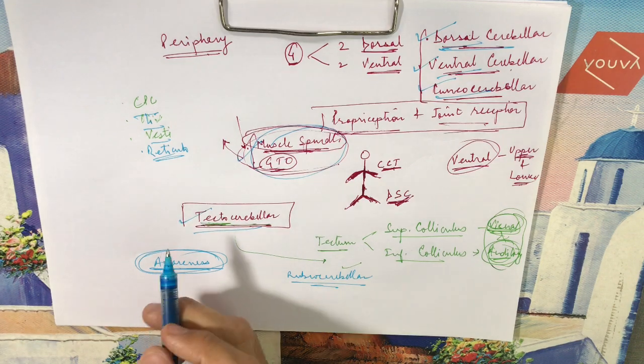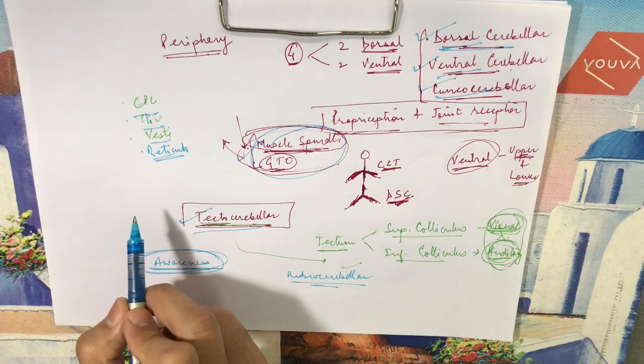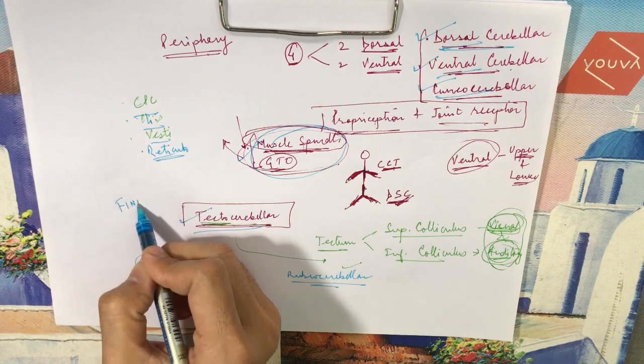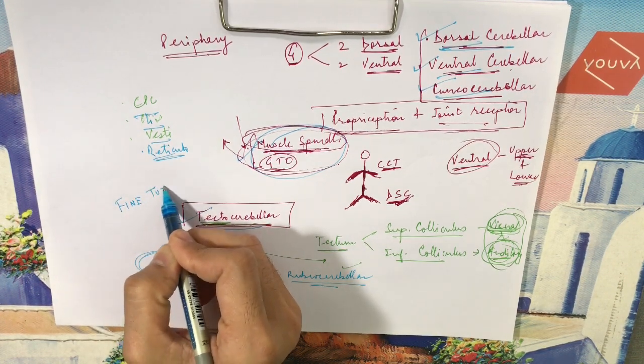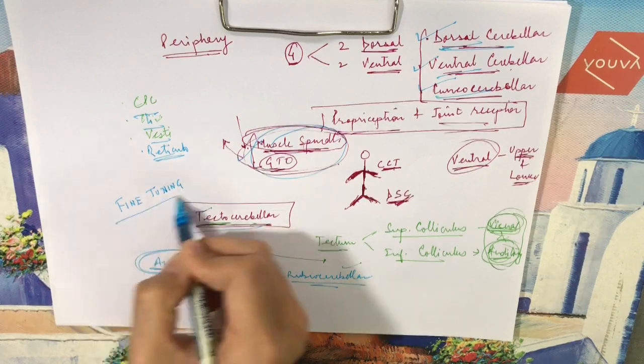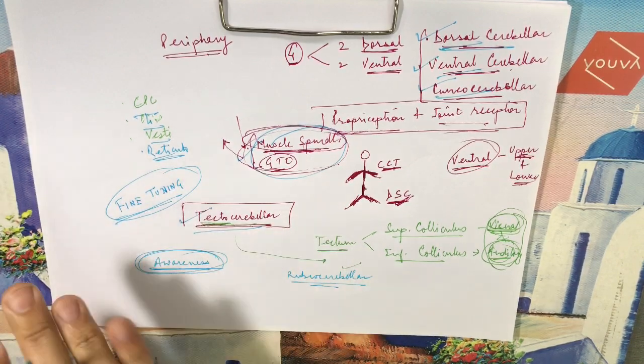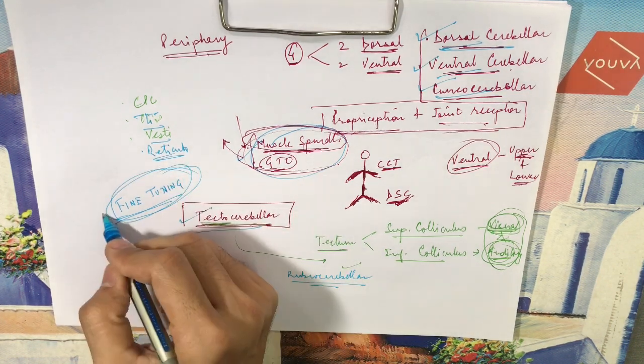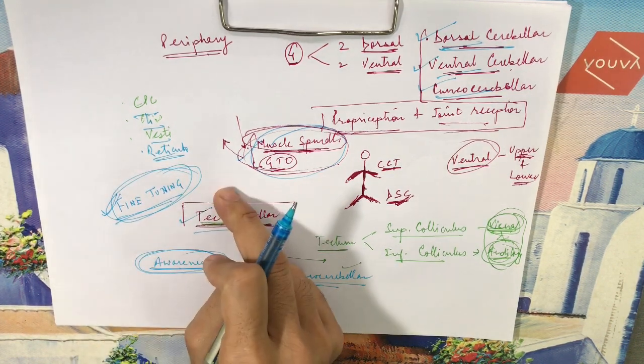Because the major function of the cerebellum is planning, and the other one was fine tuning the movement. So, what kind of movement is getting performed, what is the posture and tone of the skeletal muscle, accordingly that can be modified to fine tune any movement.